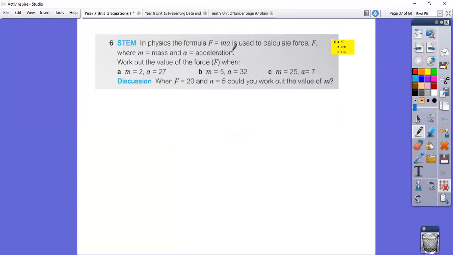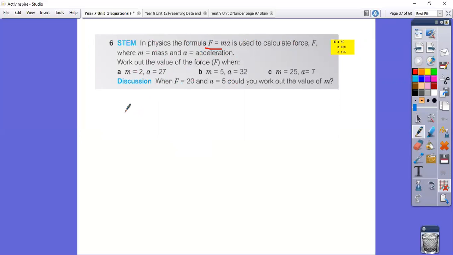Question 6. In physics, the formula is F equals ma. Remember, ma basically means m multiplied by a, used to calculate the force. So force is mass multiplied by acceleration. Work out the value of force when m is 2 and a is 27. Again, you use the formula and substitute the values you've been given.